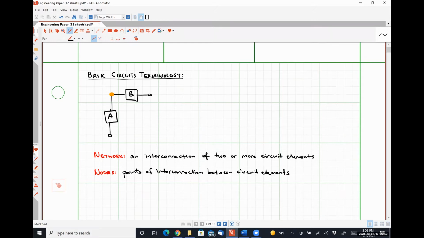Now, a node, this fundamental definition of a point of intersection is absolutely correct, okay? But we can slightly expand it by understanding something, okay?